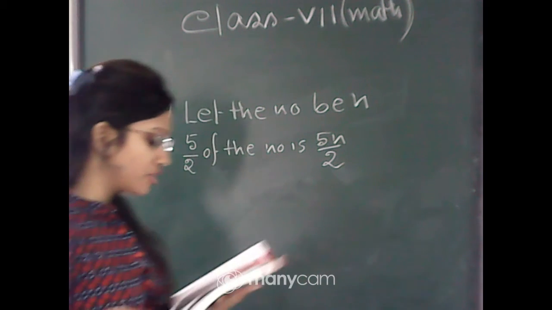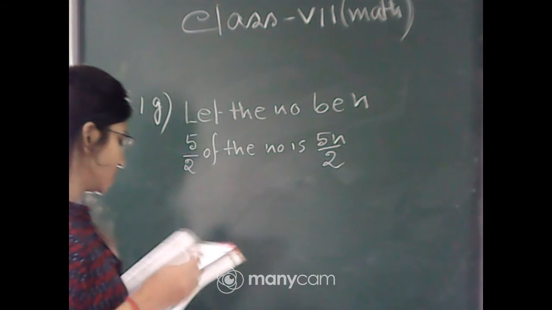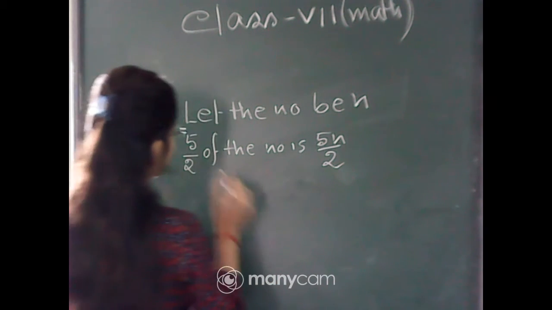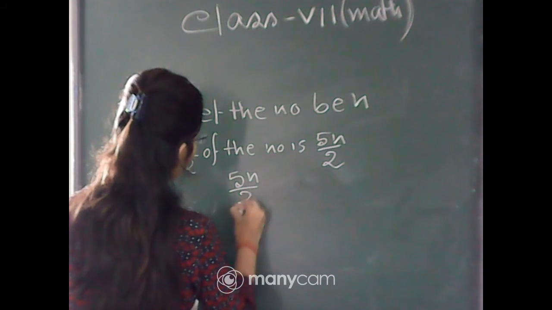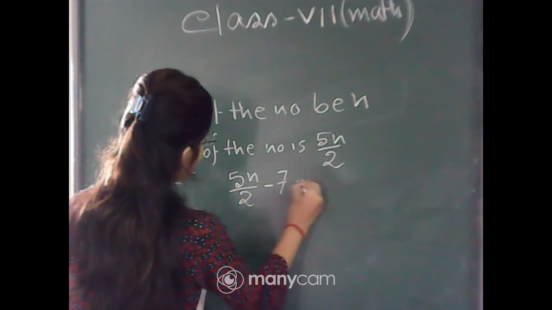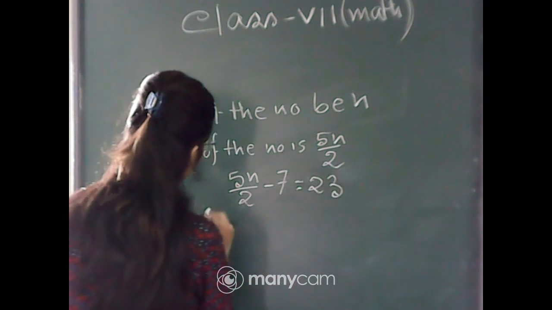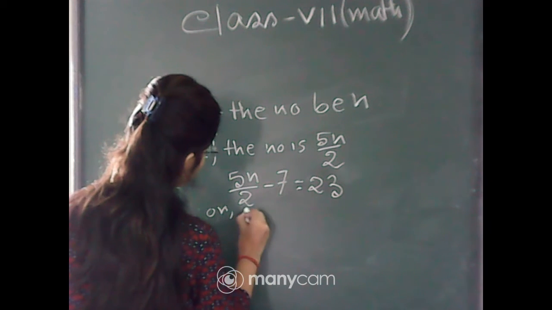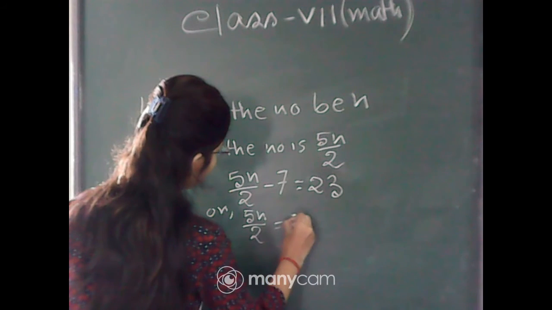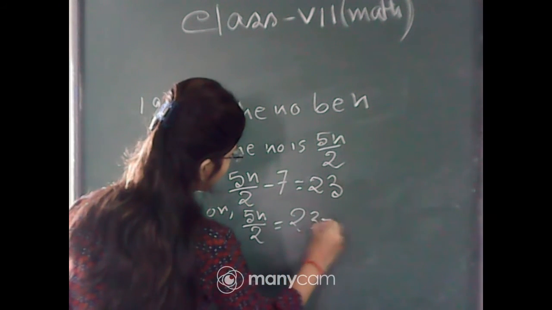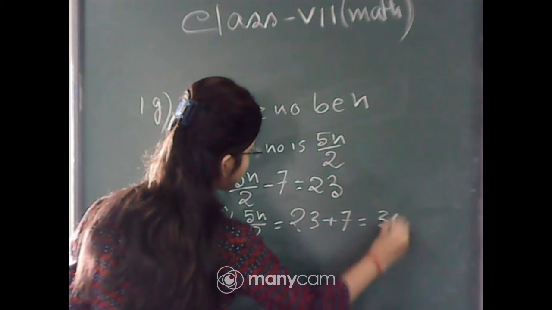Since he takes away 7 from 5 by 2 of the number and the result is 23, therefore the required equation is 5n by 2 minus 7 is equal to 23, or 5n by 2 is equal to 23 plus 7 is equal to 30.